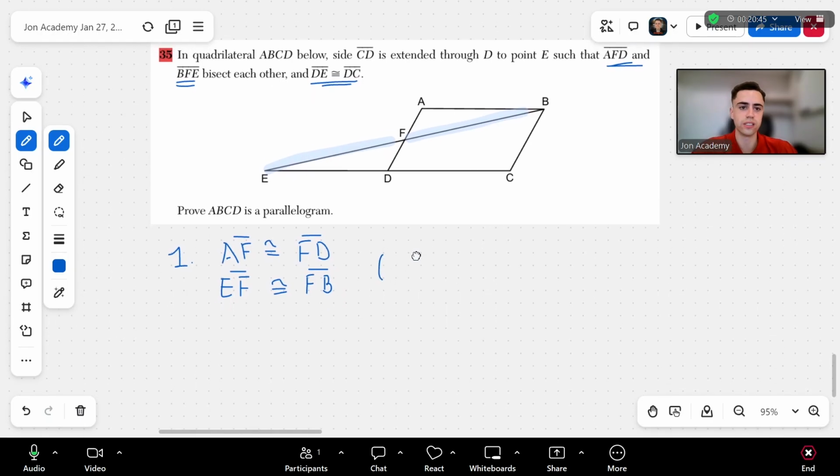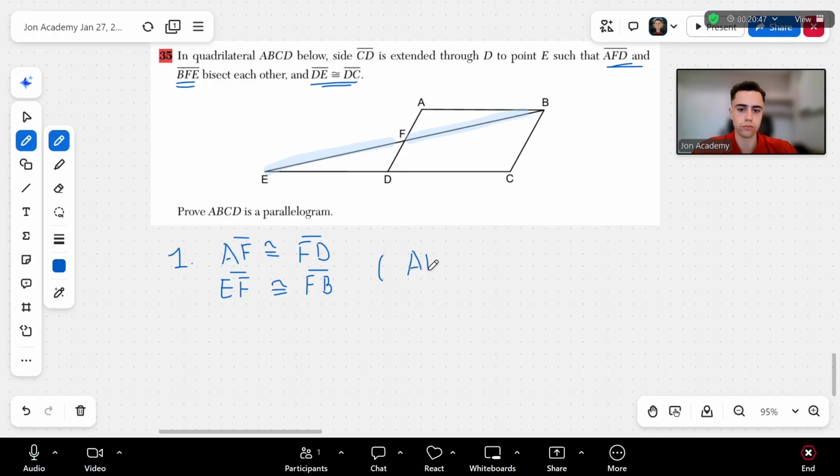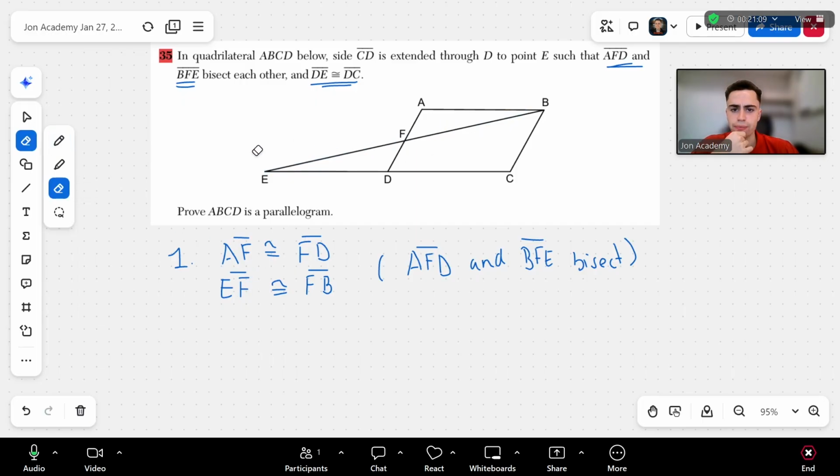And the reason is because AFD and BFE bisect each other. And at the same time, this was given, well, you could include it also as a first step. Good. So we got that already.